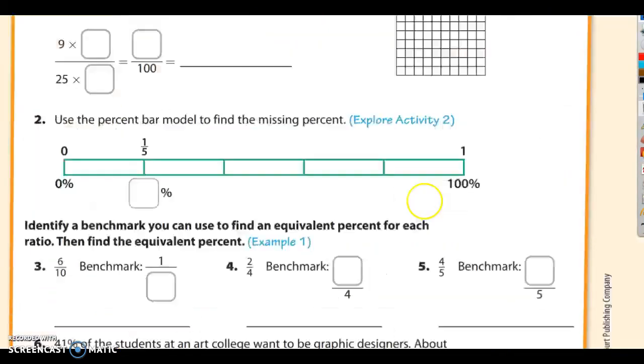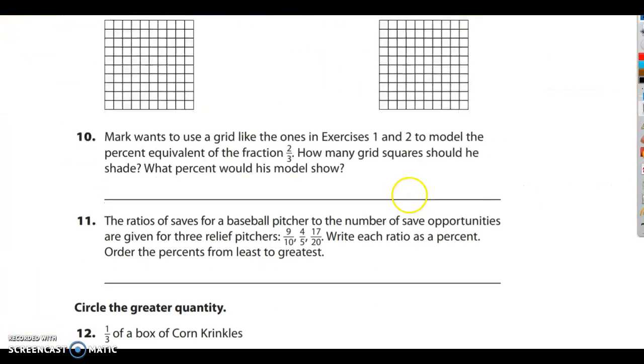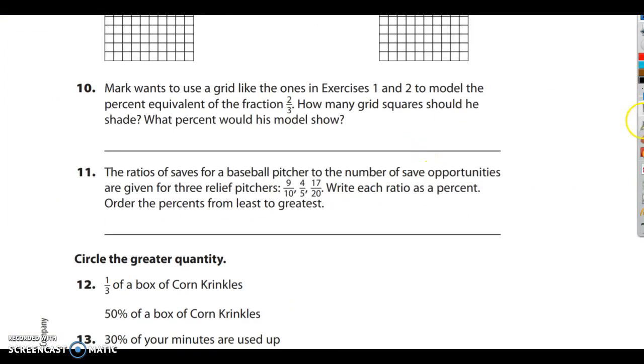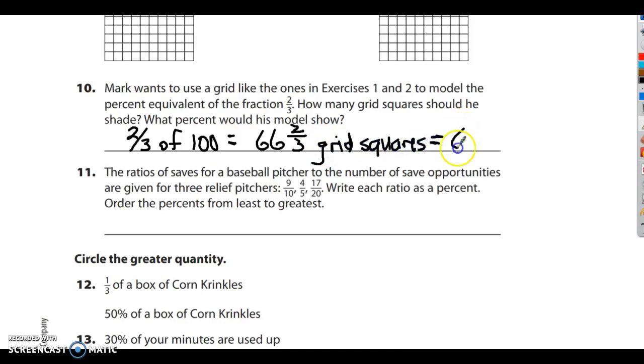If you had 100 grids, it's being asked a little bit differently. If you have 100 grids, I'm on number 10, and you need to shade 2/3 of them, how many grid squares should he shade? Well, 2/3, I'm going to write it this way. 2/3 of 100 is equal to 66 and 2/3 grid squares, which is equal to 66 and 2/3%.